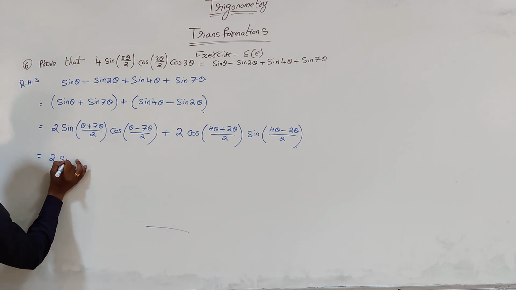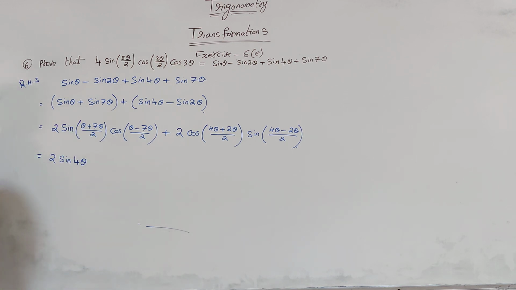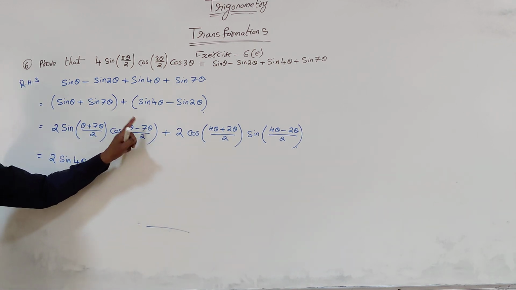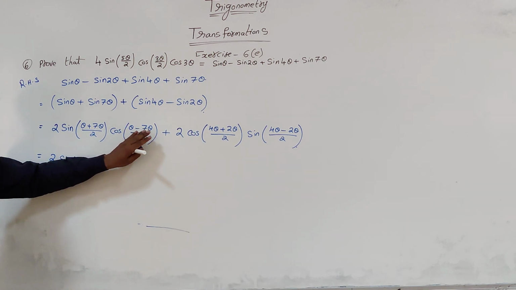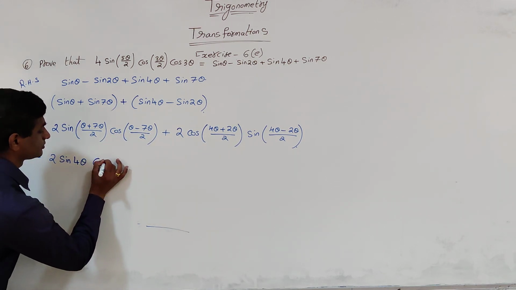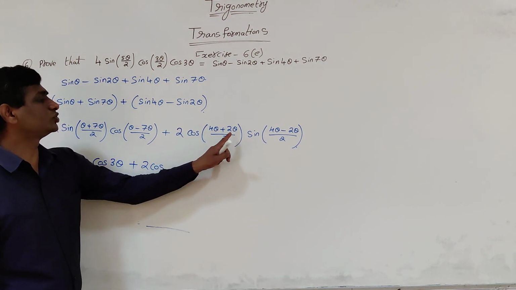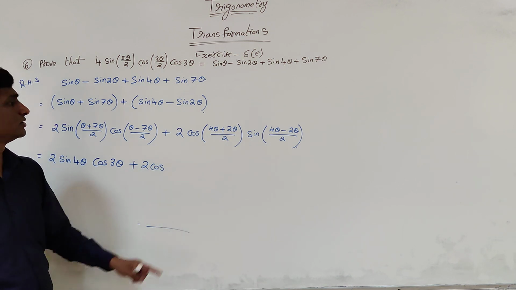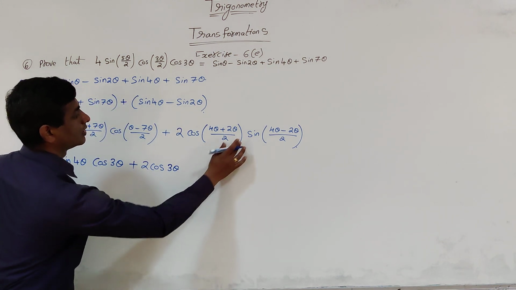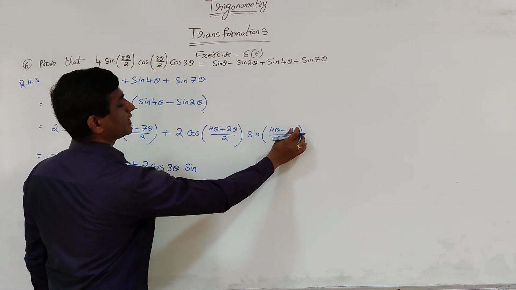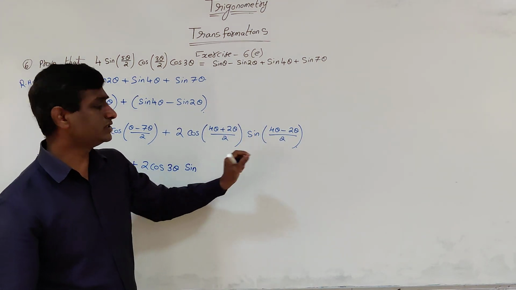So theta plus 7 theta is 8 theta, 8 theta by 2 is 4 theta. Theta minus 7 theta is minus 6 theta by 2, that gives minus 3 theta, and cos of minus 3 theta is the same as cos 3 theta. Plus 2 cos of (4 theta plus 2 theta), which is 6 theta by 2, is 3 theta, cos 3 theta into sin of (4 theta minus 2 theta) by 2, which is sin theta.